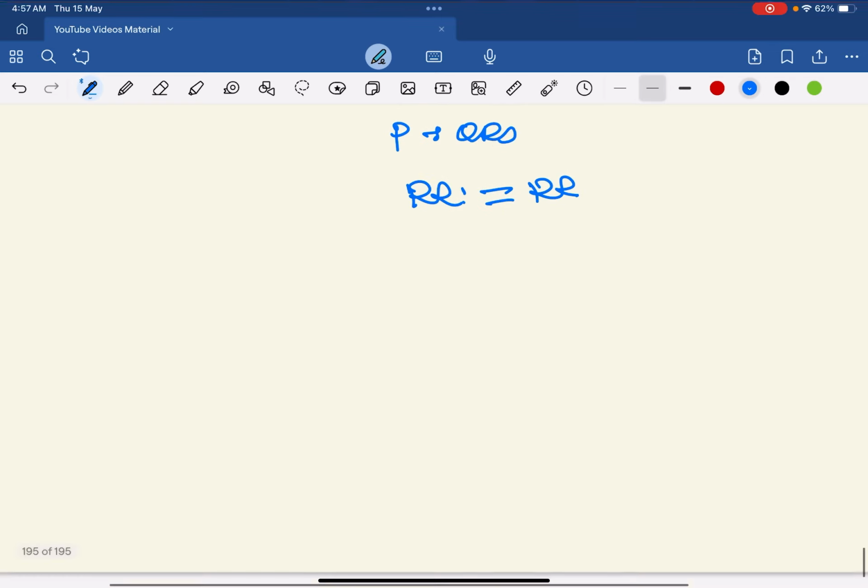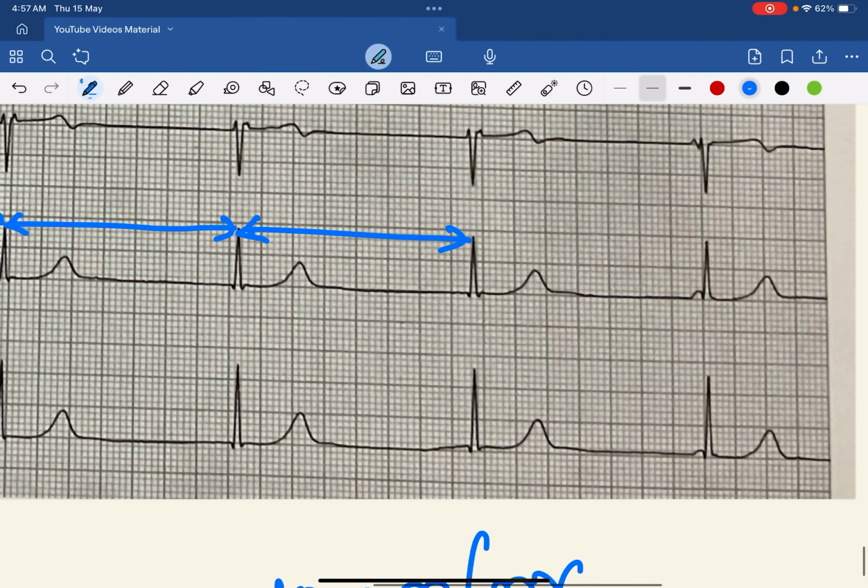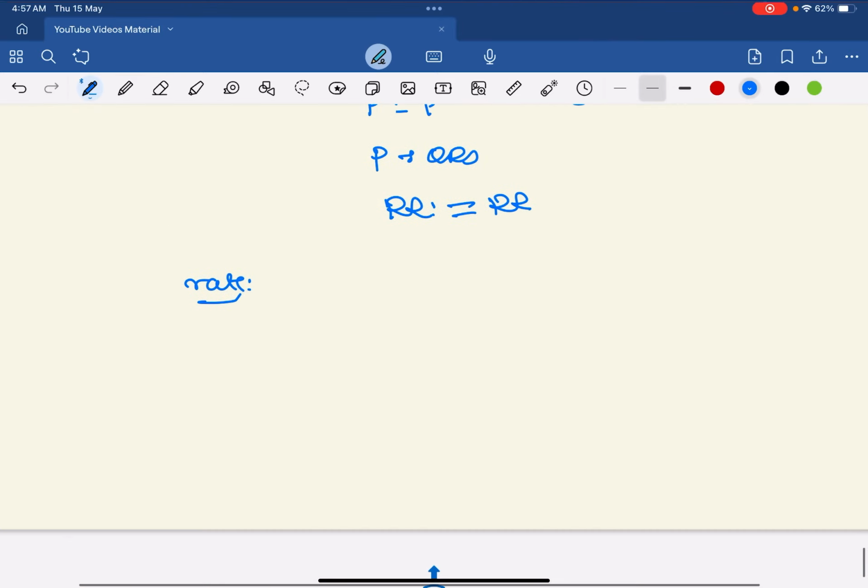Then you have to calculate the rate. It is easy to calculate once you know the distance between two R waves. 1, 2, 3, 4, 5, 6, 7, around 7 big boxes.